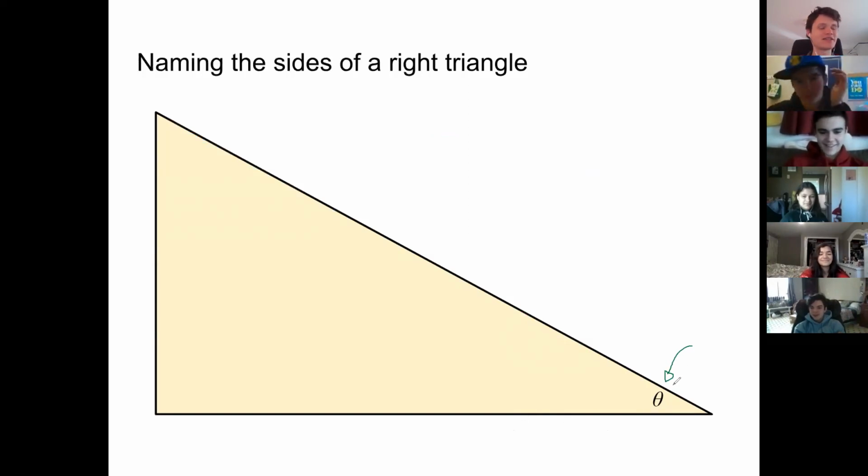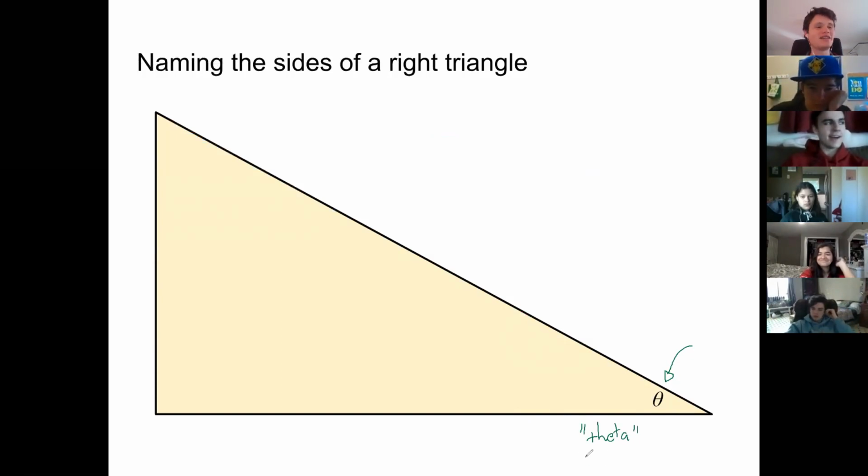So this is a Greek letter, and this Greek letter is theta, okay? You should remember that, theta, not like the cheese. No, sorry, it's theta, the Greek letter.